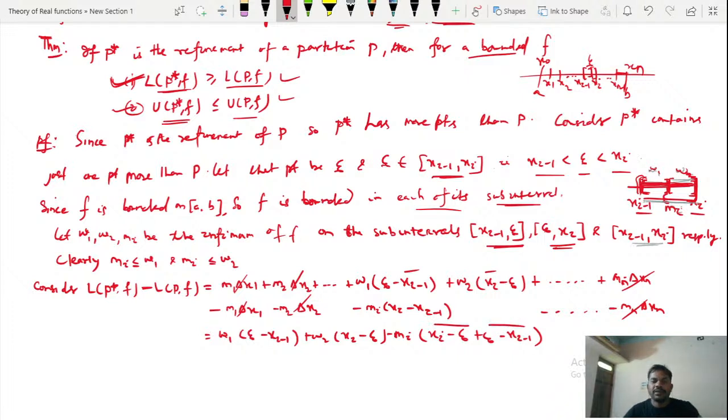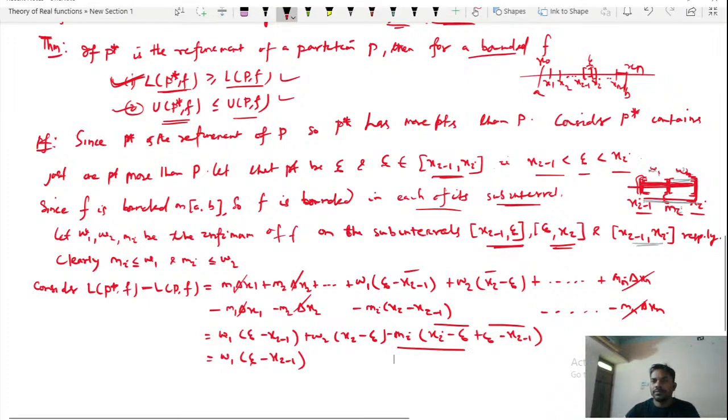Okay, minus xi plus xi, then it cancels out. So this thing we can simplify. This is w1 whole into xi minus xi minus 1.